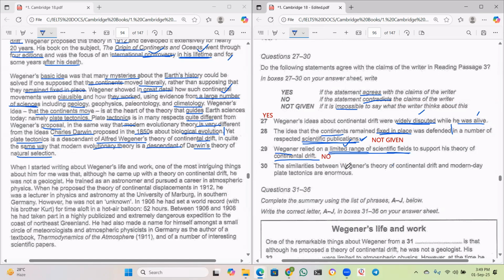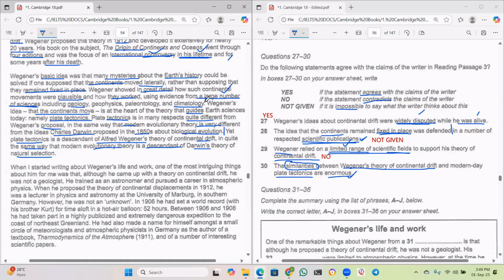Then the similarities between Wegener's theory of continental drift and modern day plate tectonics are enormous. He says now Wegener's theory and plate tectonics are similar. He's talking about similarities which are enormous. He says there are too many similarities. Is it right or no?